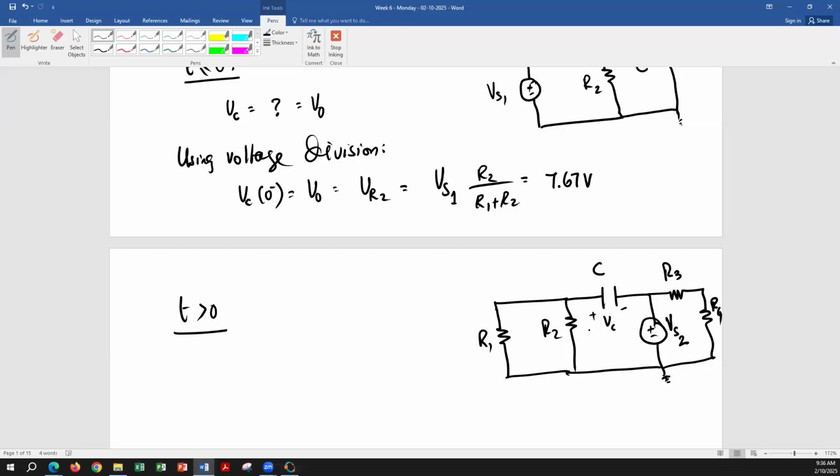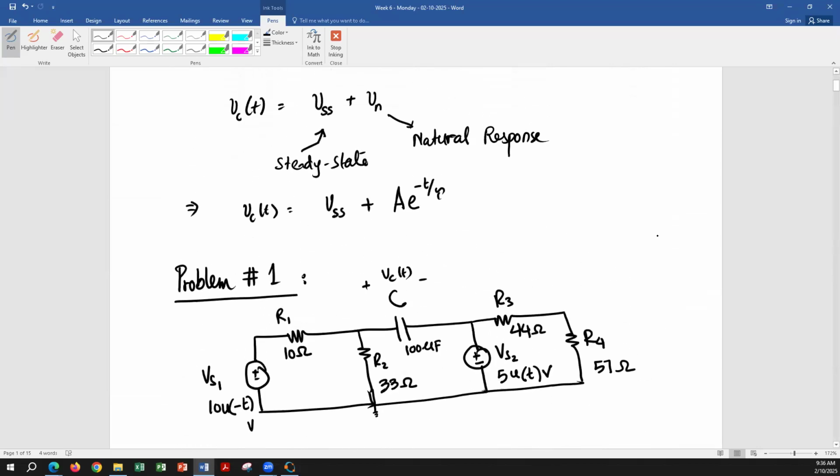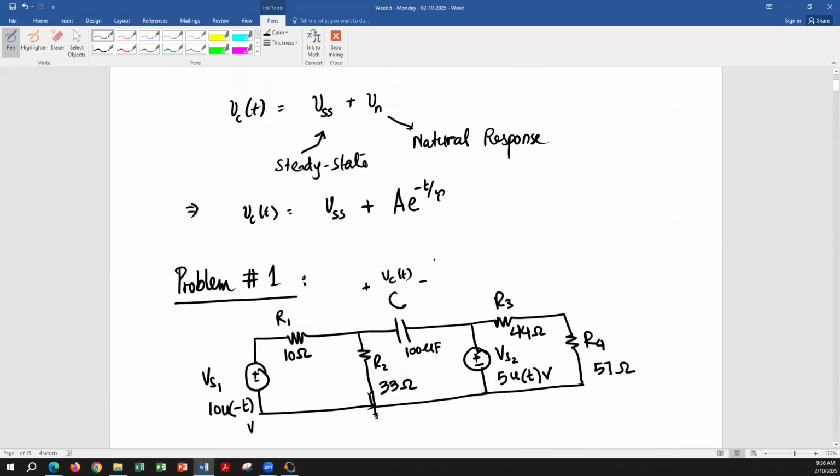So those are the initial and final values, right? Between the two, it is going to go through the transient state. It's going to go from one state to the other state, and that's the transient part in the full response. So that's this part, natural response, in which it is changing from one value to the other value, and then this is the final value of the capacitor voltage, right?